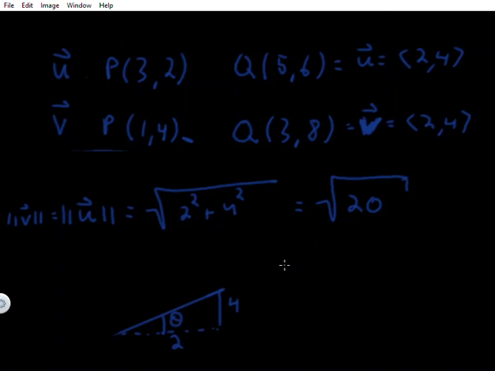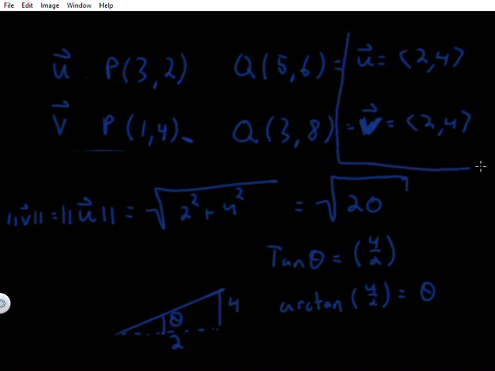So we would find that tan theta is equal to 4 over 2, and therefore arctan of 4 over 2 will give us theta. And we get the same theta for both cases. We don't even have to calculate it. But yeah, we've essentially shown just by finding the component form, because they have identical component form, they must be identical vectors.